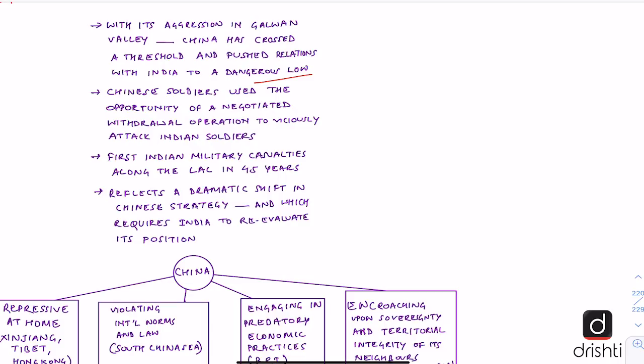Also, the Chinese soldiers used the opportunity of a negotiated withdrawal operation to viciously attack Indian soldiers, which has led to a lot of resentment and anger against the Chinese action. And this incident led to the first Indian military casualties along the line of actual control in 45 years. So this was always a matter of pride that the India-China border, though disputed, had not seen any military casualty over 45 years.